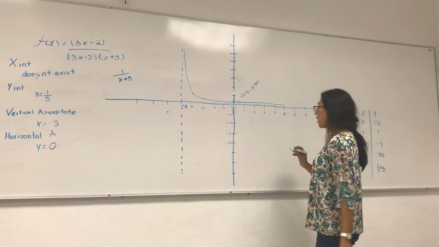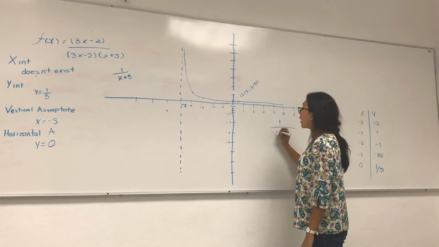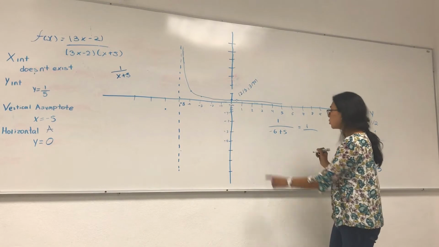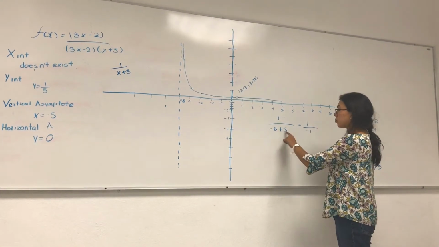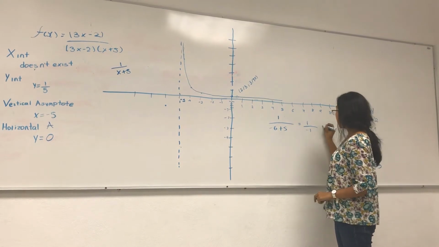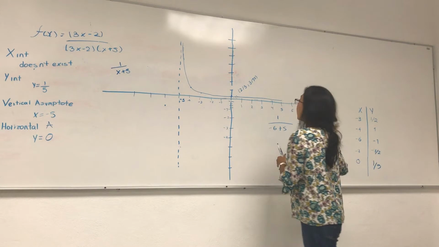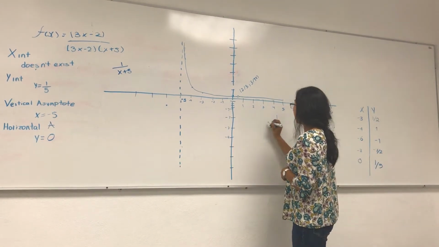Now we're gonna want to see how the graph behaves on this side. So let's try with minus 6. 1 over minus 6 plus 5. That's equal to 1 over minus 1, and that's equal to minus 1. So we have it here. Let's try with minus 7.